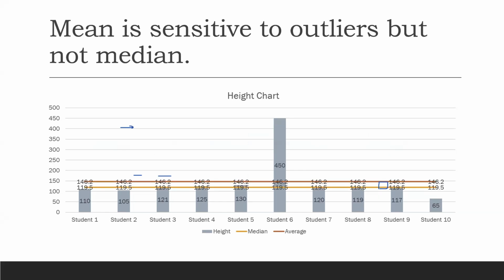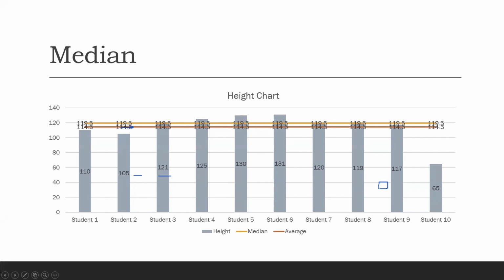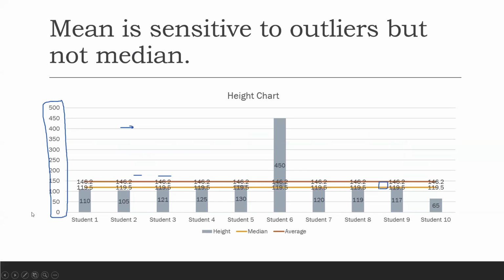And as I told you in the example of mean, this is the same data, just with a different scale. You notice the scale here is around 0 to 140. But in the next slide, it's the same data with a different scale.